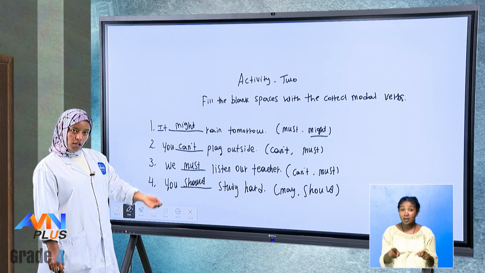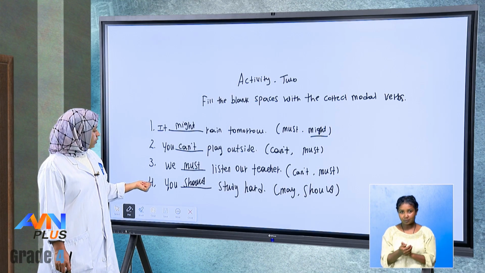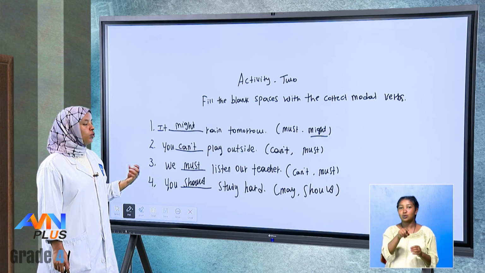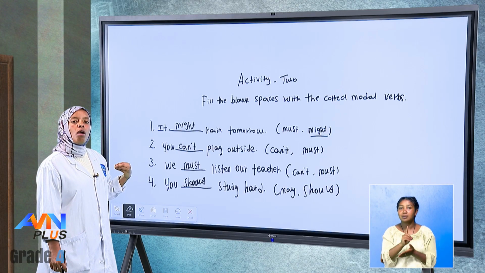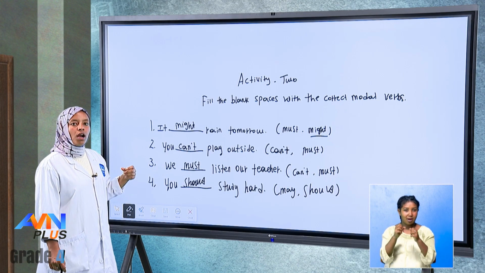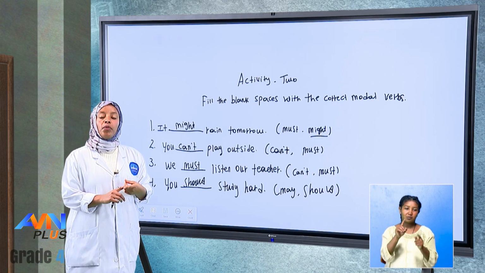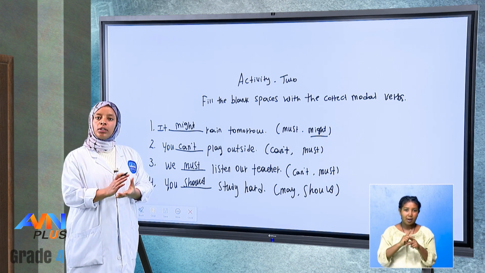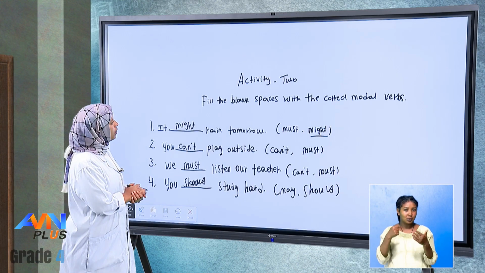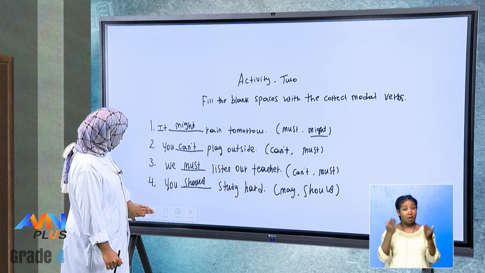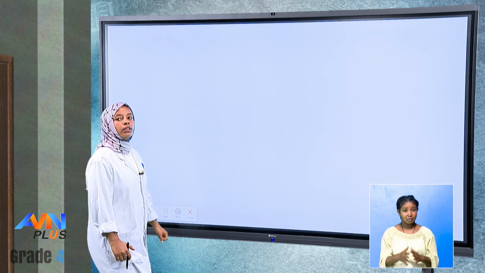Where? In the classroom. So this one is obligation. This one is you should study what? Hard. You should study hard for passing the exam, to get more knowledge and practice your lesson. So here is also activity 2. I hope you all have finished.